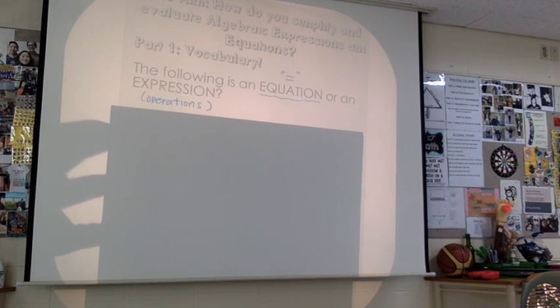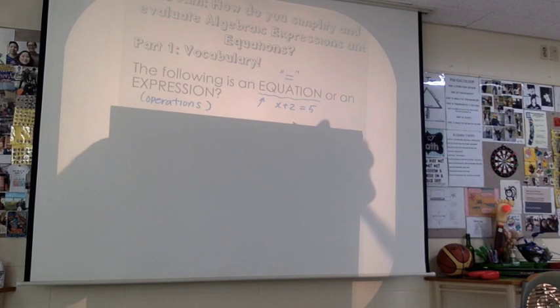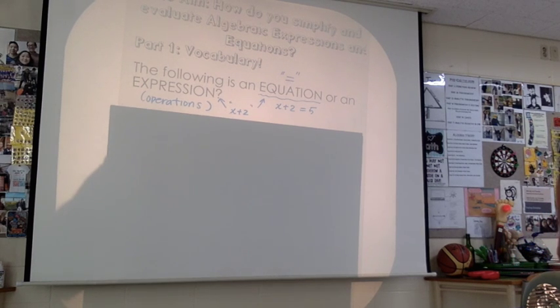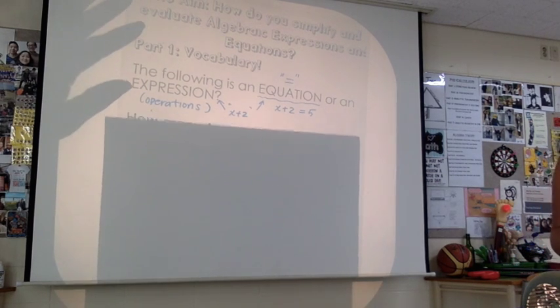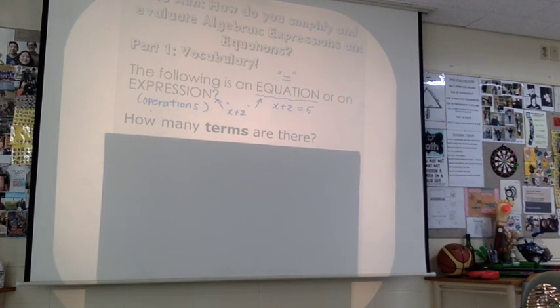An equation example would be x + 2 = 5, where the expression would be x + 2. That means Sam has some number of apples, and you add 2 more apples. So that's expression and equation. That's 2 vocabulary words for you.